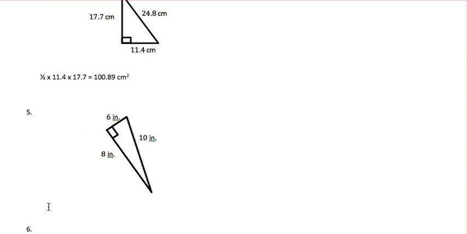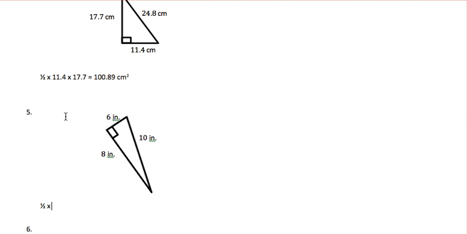Number 5. Here we have a triangle that is turned on its side. But again, our formula is 1/2 times the base times the height. And the base and the height have to be perpendicular to each other. So the two numbers that we'd be using are the ones that create the right angle.